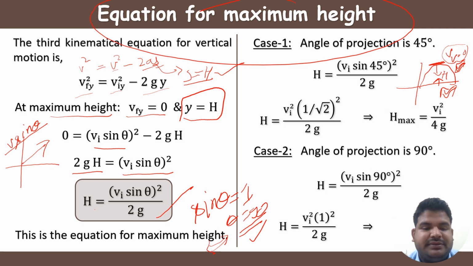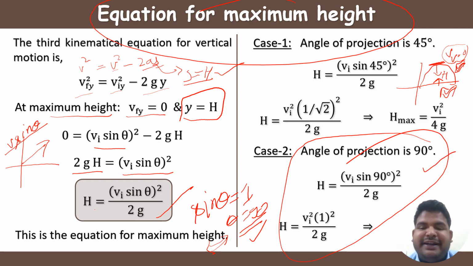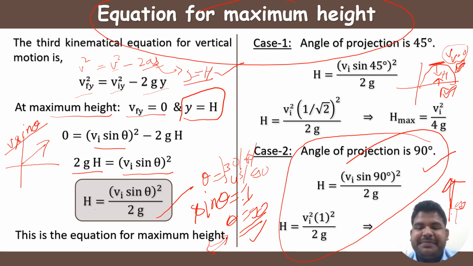It will be maximum at 90 degrees, where sin theta is equal to 1. You can put the value of angle theta and check the value in each case: theta is equal to 30 degree, 60 degree, 45 degree, and 90 degree. 90 degree means you are throwing straight up. It is not a projectile. A straight line throwing at 90 degree is not a projectile. Okay.